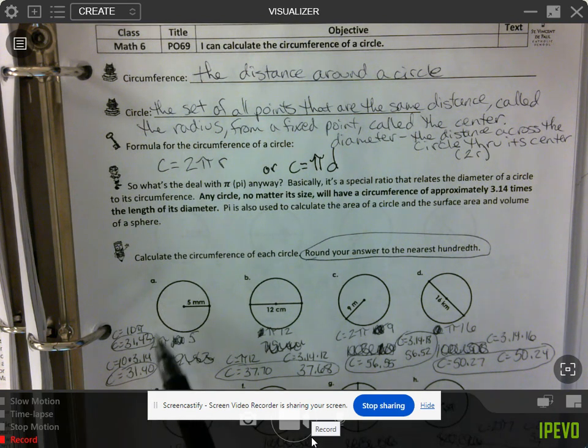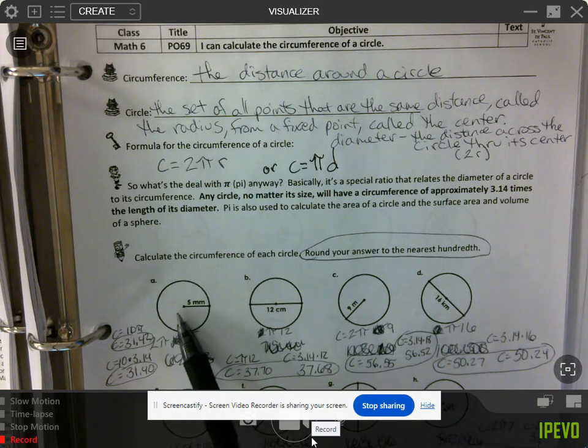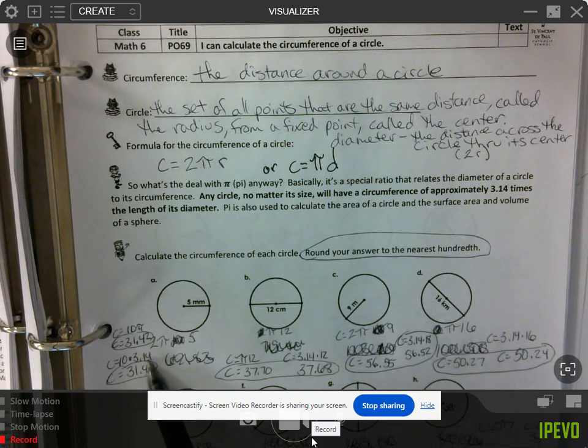So you can see I have two different answers because I put in the pi button and multiplied by 2 times the radius, or I put in 3.14 times 2 times the radius.